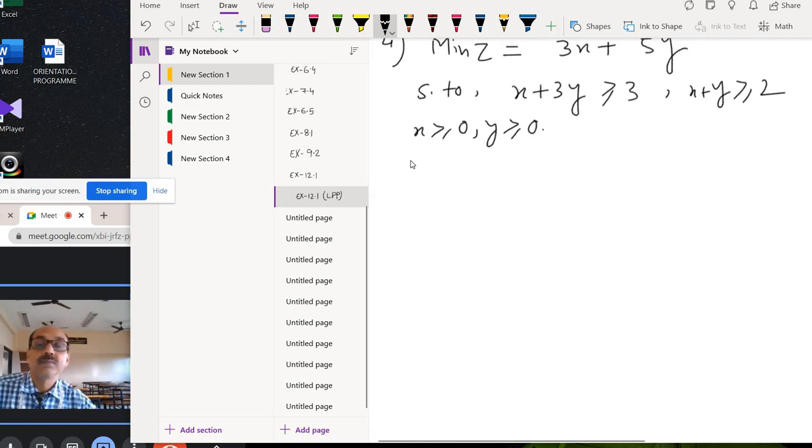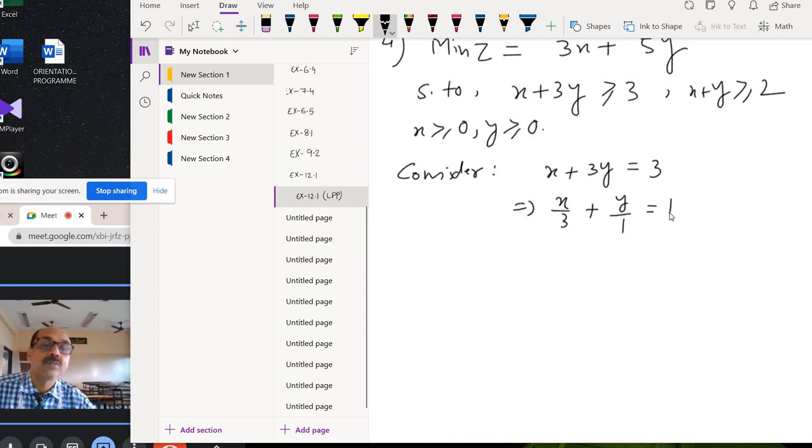Now consider, to make both the equations equal, so x plus 3y equal to 3. Divide both sides by 3, that is x by 3 plus y by 1 equal to 1. Okay, clear?